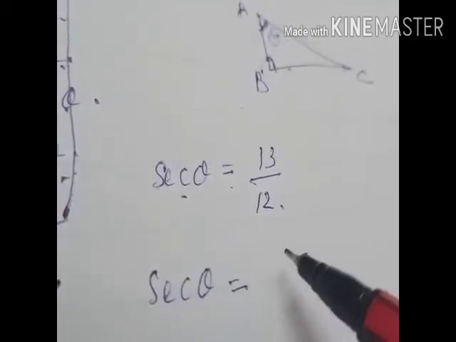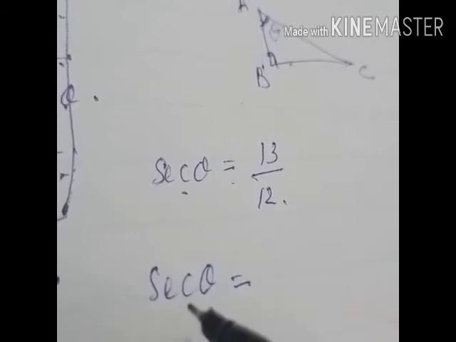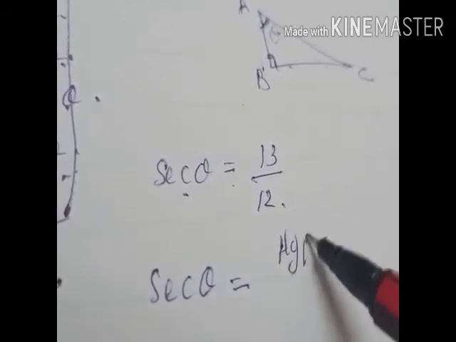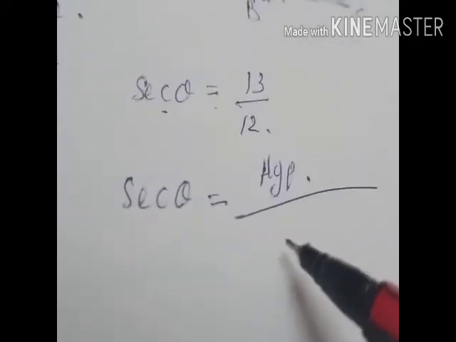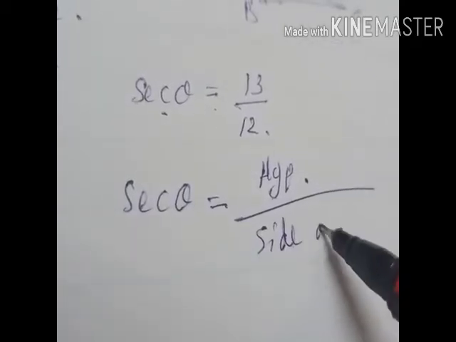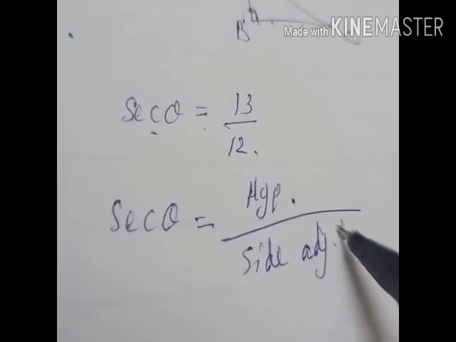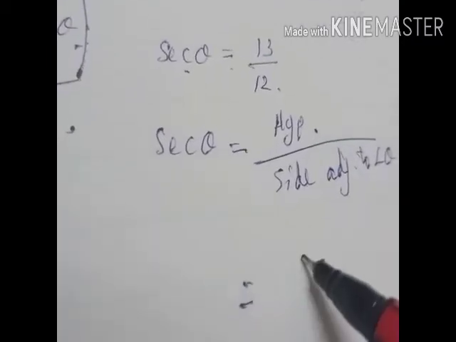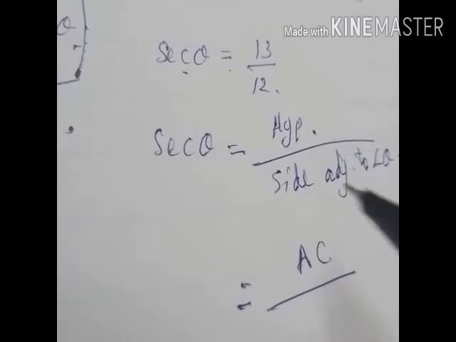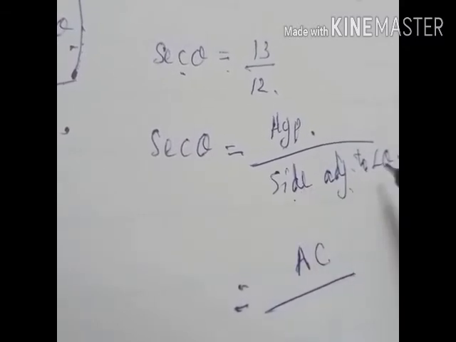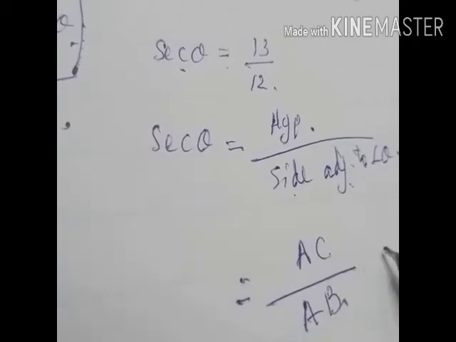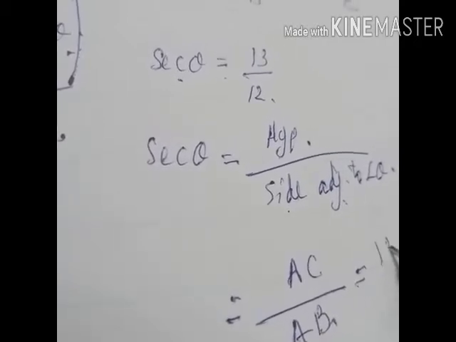Sec theta is the reciprocal of cos. So hypotenuse by side adjacent to angle theta. From the figure, hypotenuse is AC and side adjacent to angle theta is AB.